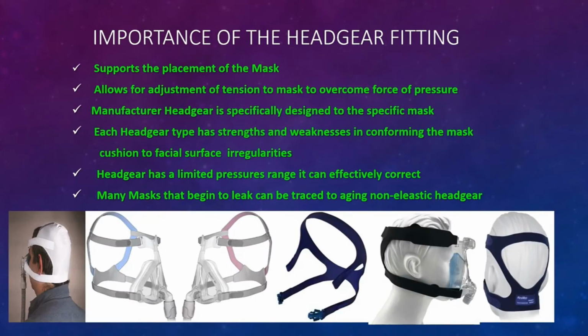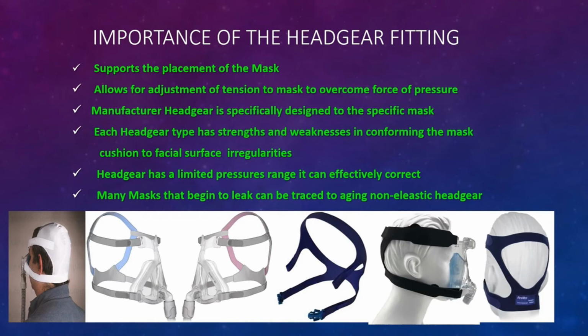An often overlooked factor in mask fitting is the importance of the headgear. Headgear, everybody thinks of as simply supporting the placement of the mask, but in addition to that, the straps that are tightened to make a better fit also create force upon the cushions, and the cushions are forced to conform to the irregularities of the face surface.